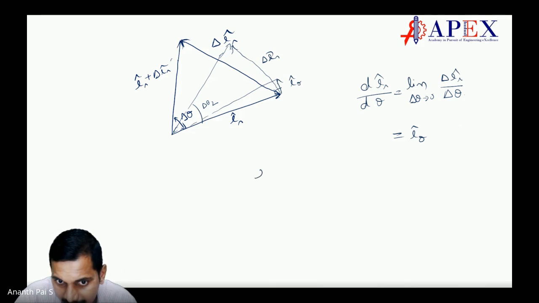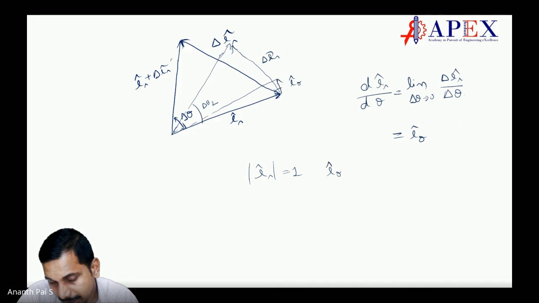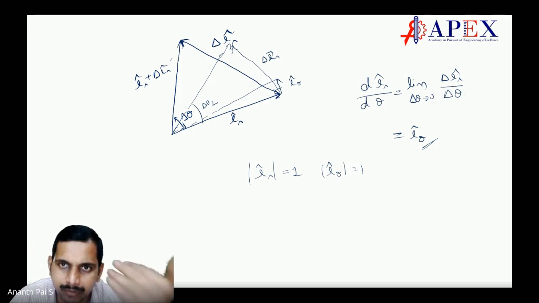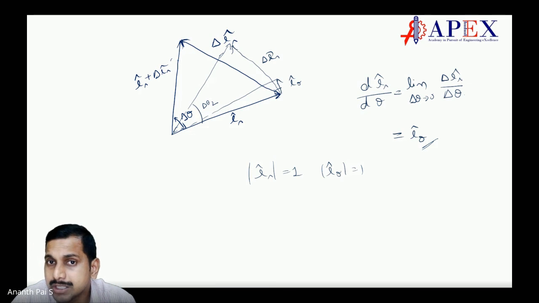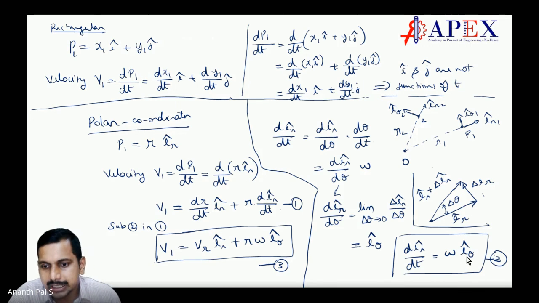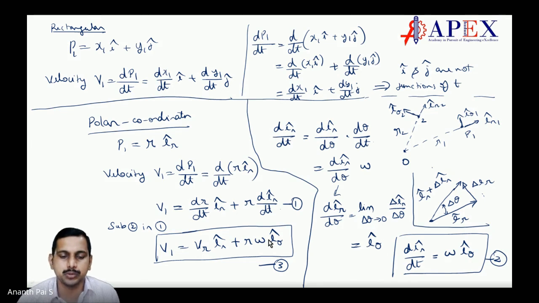Magnitude of er is 1, is it not? Correct. Here it is only a unit vector, so we don't have to worry. We are worried only about the direction here, so we do not worry about the magnitude. If there is a magnitude, we will divide it by its magnitude to make it a unit vector. So the unit vector is e theta, and that we substitute here. Make sense, students?